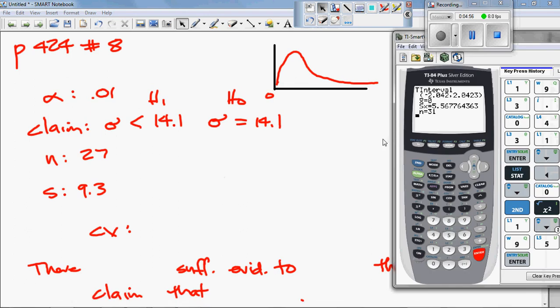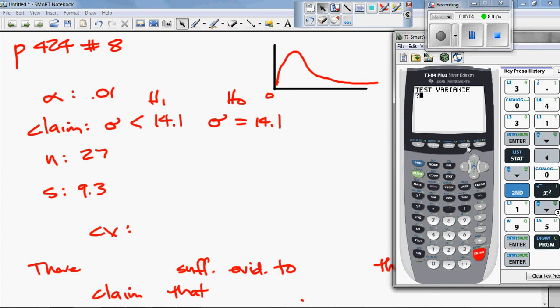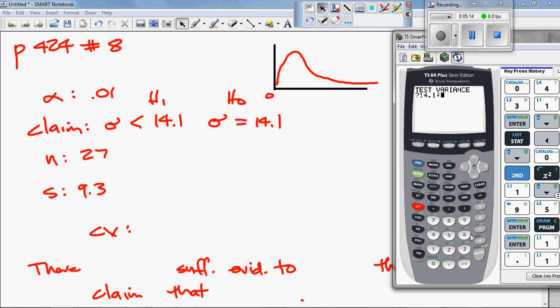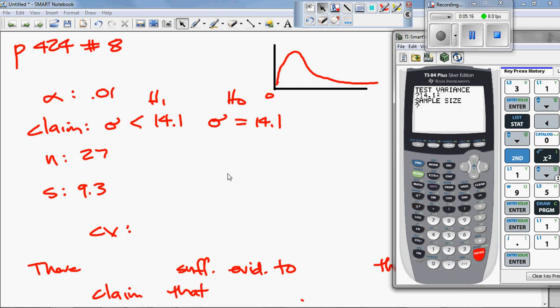And so we pull up our calculator. We're going to use the var test program. Var test, hit enter to execute. The variance we are testing is 14.1 squared. This is the standard deviation. The variance is the standard deviation squared. The sample size is 27.